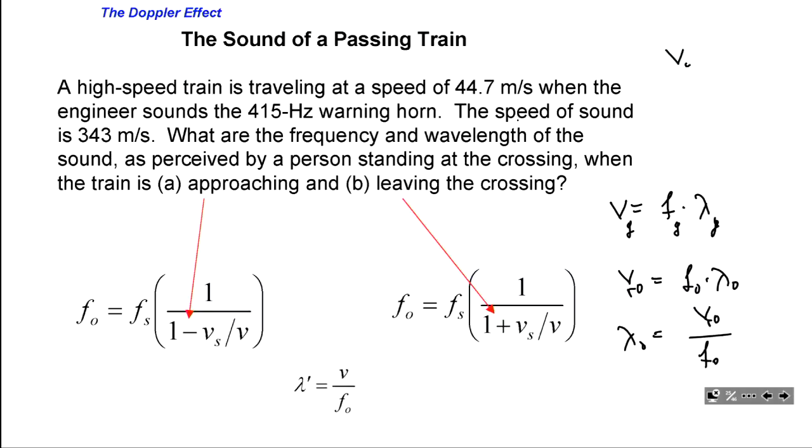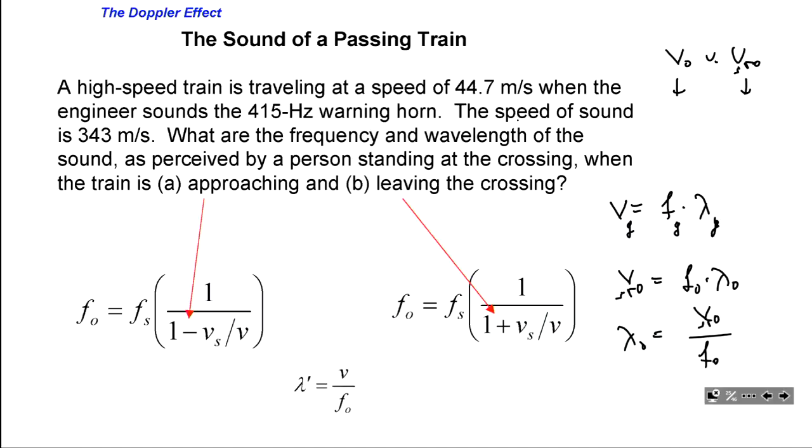I don't want to use this versus this. This symbol represents speed of the observer relative to the ground, and this symbol represents speed of the sound relative to the observer.